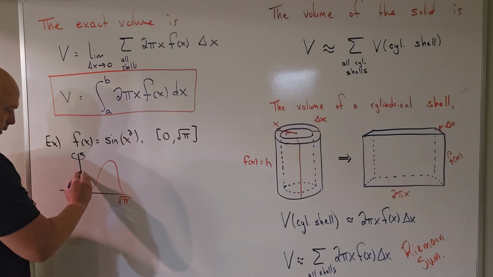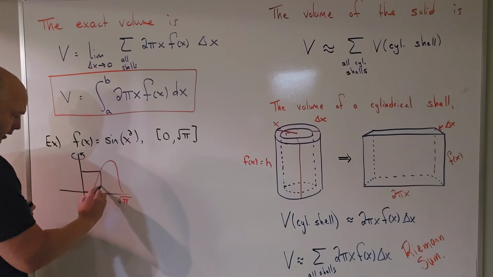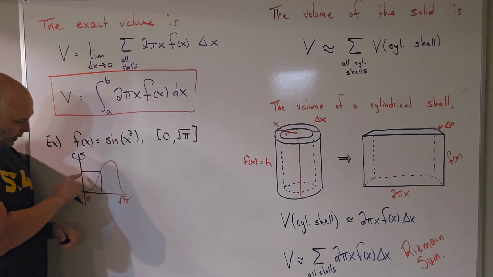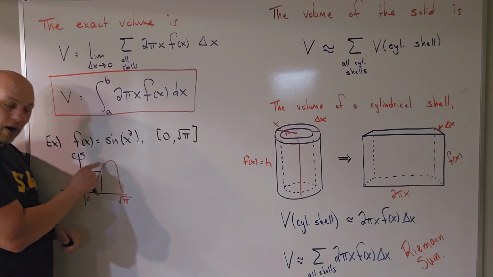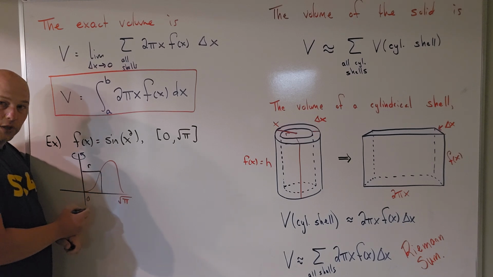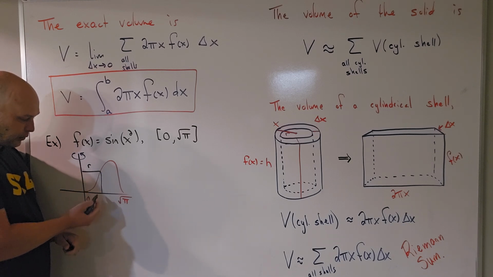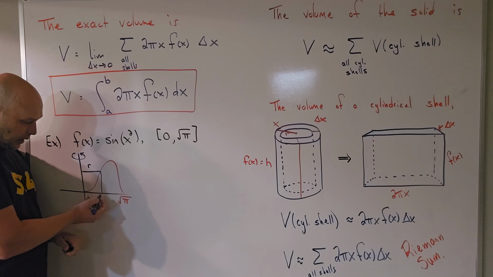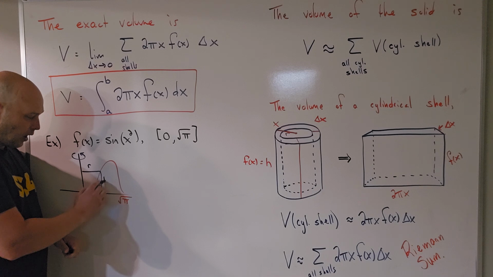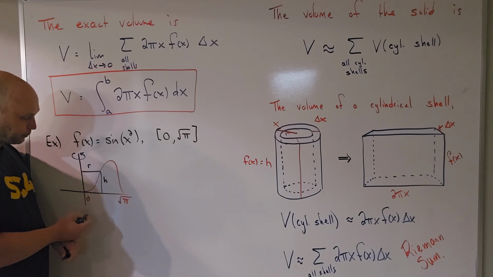So what I'm going to do is do this line and then this line. This line right here that goes from the axis of rotation to the graph would be the radius of your shell. And the line that goes from the x-axis up to the point on the graph is going to be the height of the shell.